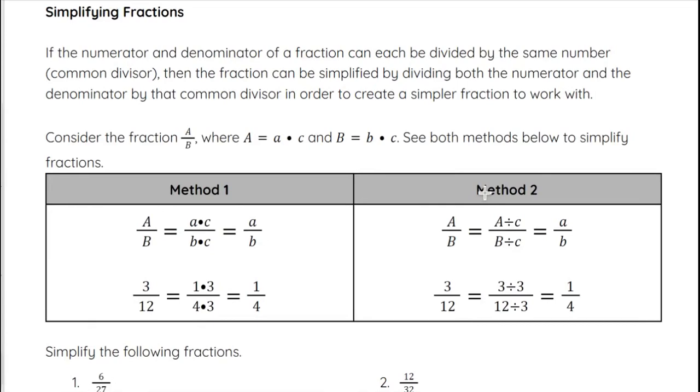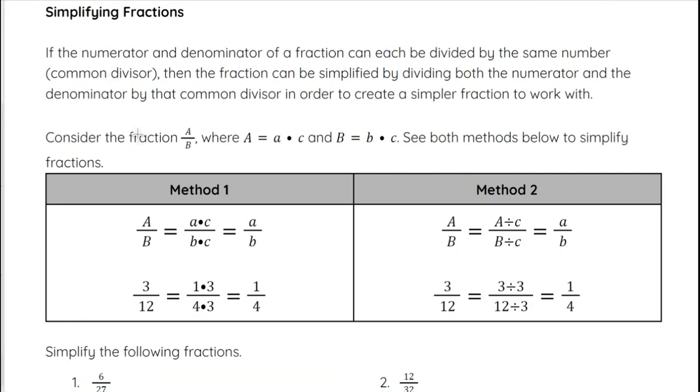So we are going to start with how we simplify fractions. If the numerator and the denominator of a fraction can each be divided by the same number, which we call a common divisor, then the fraction can be simplified by dividing both the numerator and the denominator, the top and the bottom, by that common divisor in order to create a simpler fraction to work with.